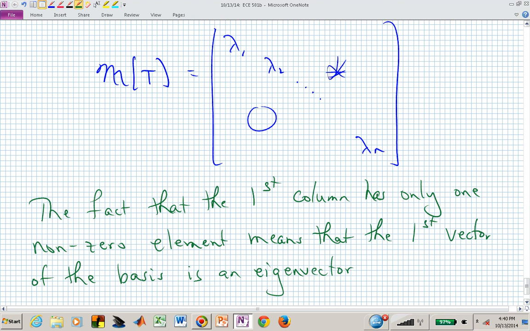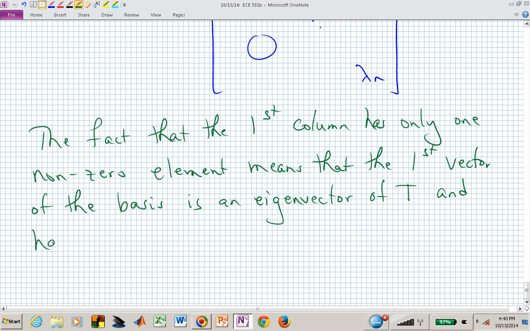That's how we defined eigenvectors, that we have this matrix times a vector is a scalar times that same vector. And here our scalar is lambda sub 1. This means the first vector of the basis is an eigenvector of T and actually has an eigenvalue of lambda sub 1.